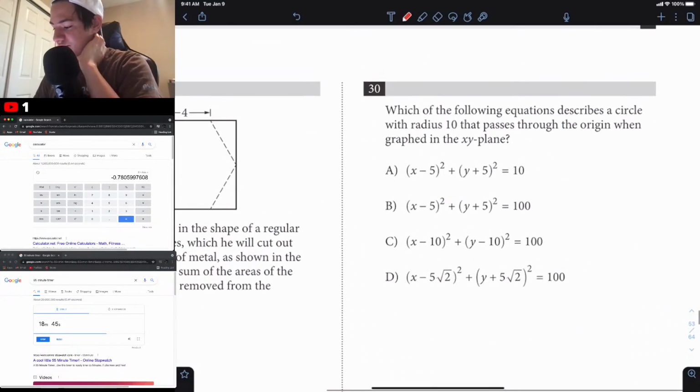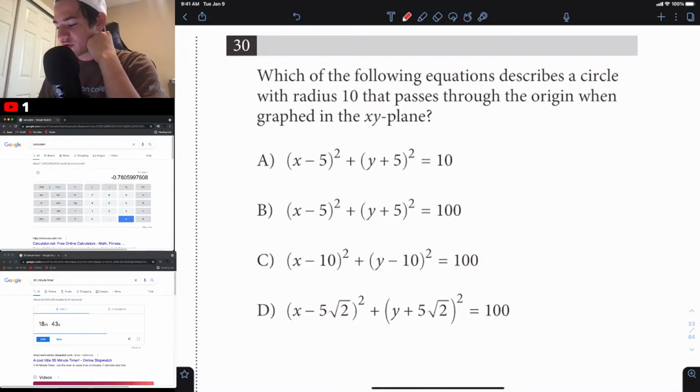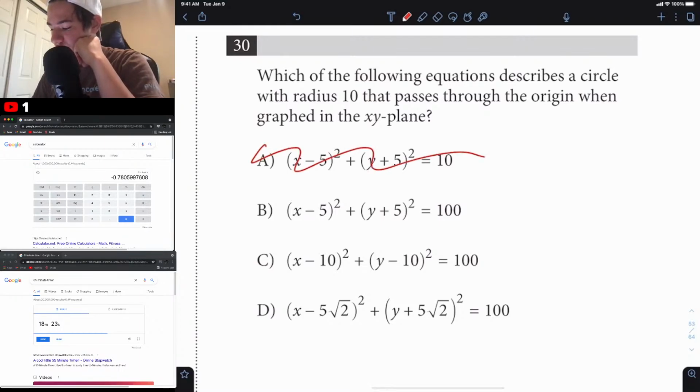I swear. Circle of radius 10 that passes through the origin graphed in the xy plane. So it passes through the origin. So 25 plus 25 does not equal 10. So these are out.